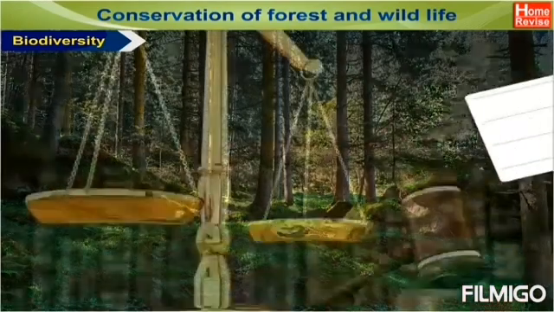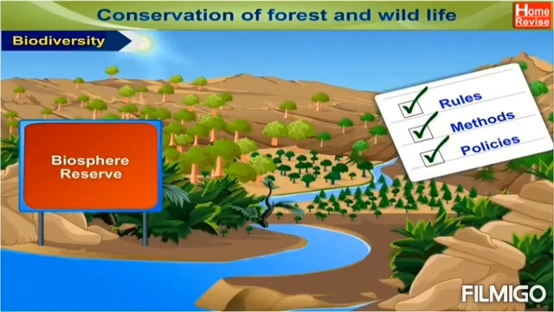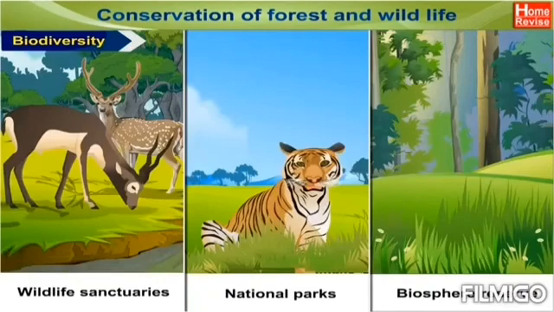The government lays down rules, methods, and policies to protect and conserve them. Wildlife sanctuaries, national parks, biosphere reserves, etc. are protected areas for conservation of plants and animals present in that area.